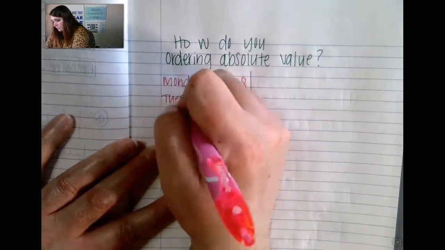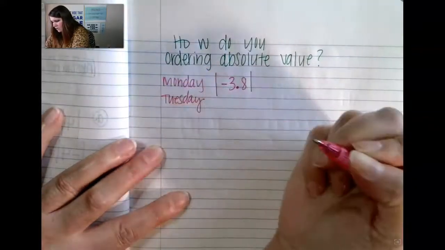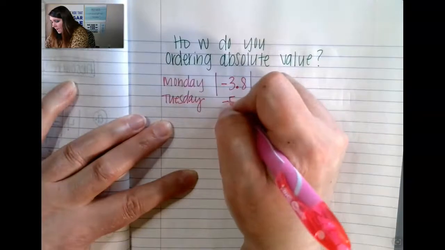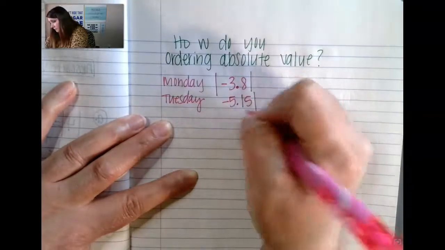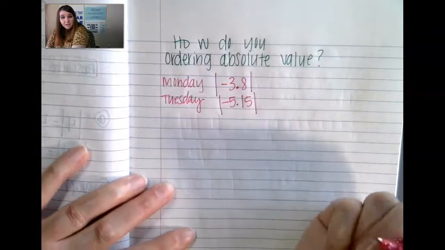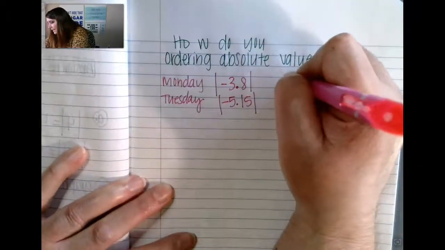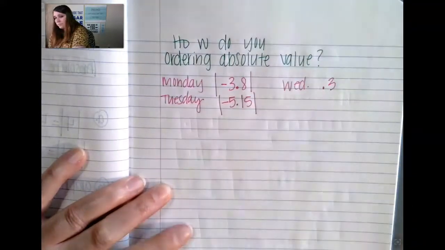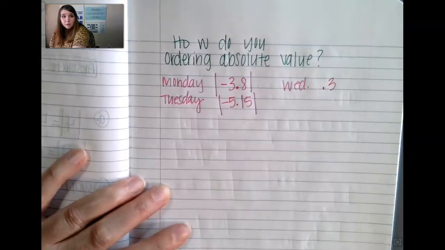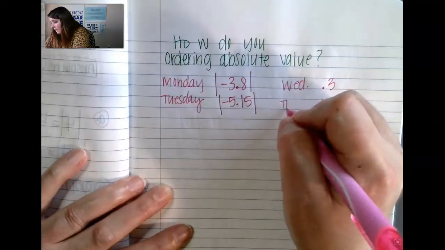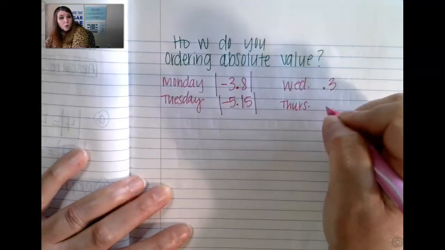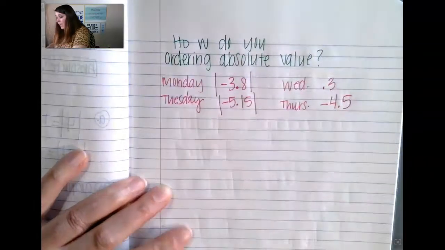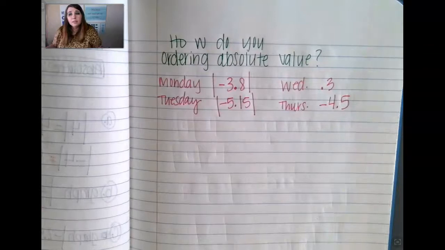On Tuesday, I know we did temperature yesterday too, that was weird, it was the absolute value of negative 5.15, 5 and 15/100. On Wednesday, it is 0.3. Okay, no absolute value there. And then on Thursday, it was negative 4.5. We need to put these in order from least to greatest.